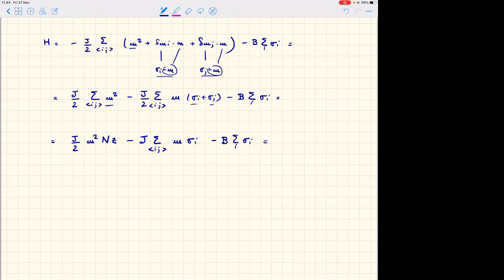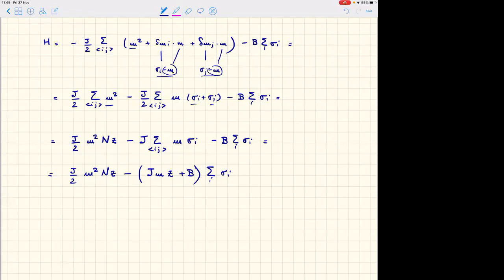So overall, I'll get J over 2 M squared N times Z minus J times M times Z plus B sum over I sigma I. Now the Z in the first term comes because for each I I have to sum over all J's that are nearest neighbors to I. But you see that there is nothing dependent on J in this sum.